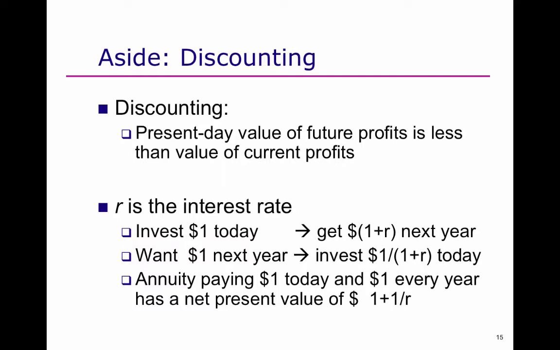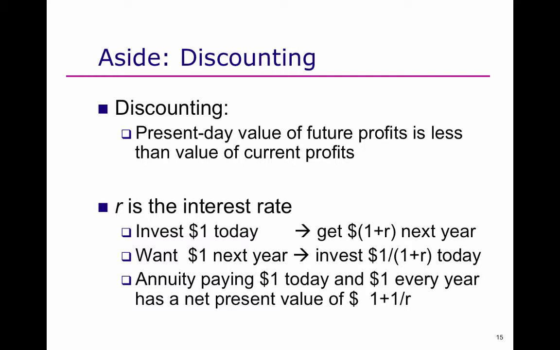Imagine the R is the interest rate you could earn by investing $1 today. So the next year you know that the equivalent amount of money would be $1 times 1 plus R, the rate of interest you could earn. If you want $1 next year, you invest $1 divided by 1 plus R today to grow that less than $1 amount by an interest rate that generates that $1 next year.